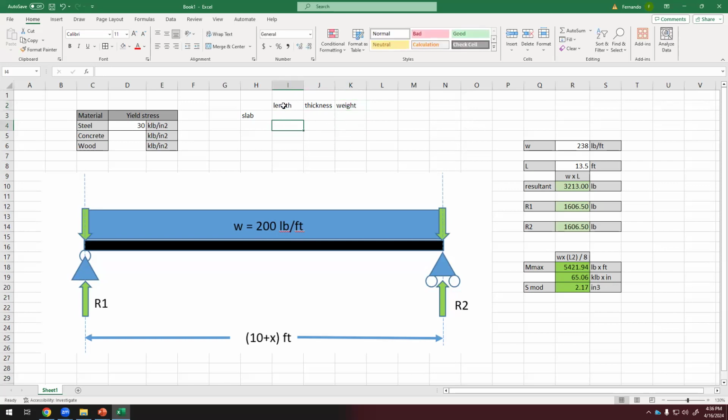I'm going to put it here because the length is in feet, the thickness has to be in feet, and the weight is pounds per cubic feet.